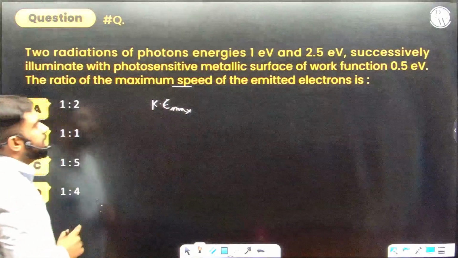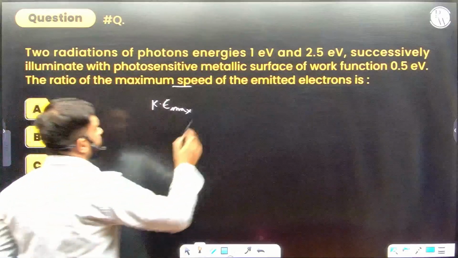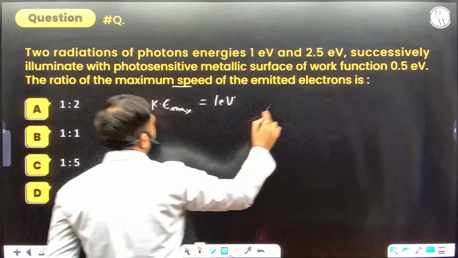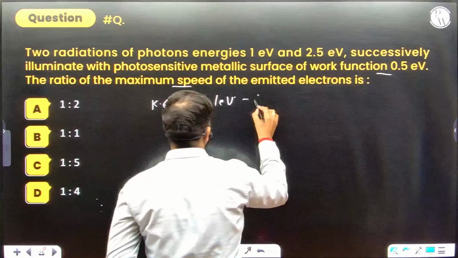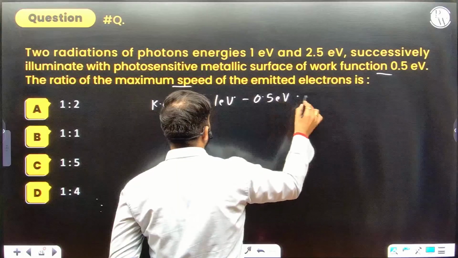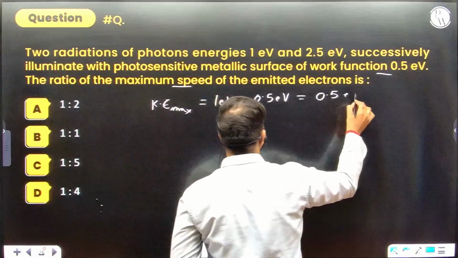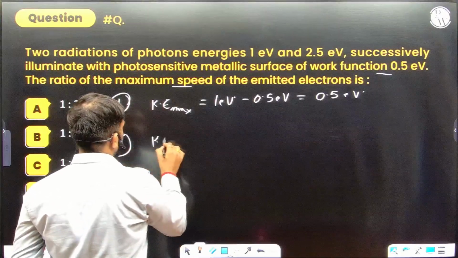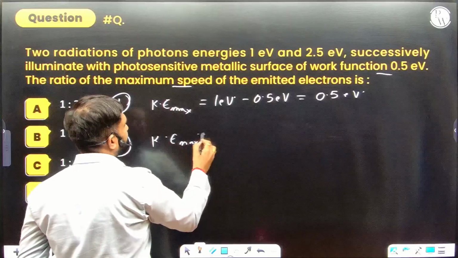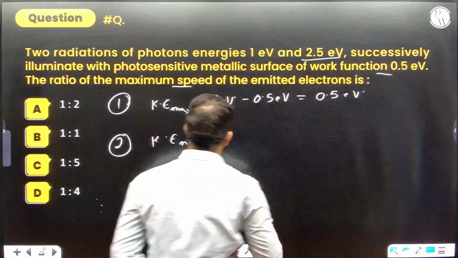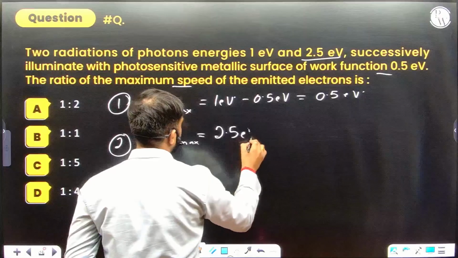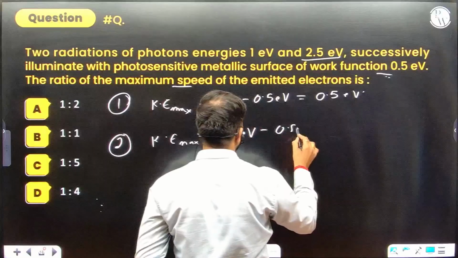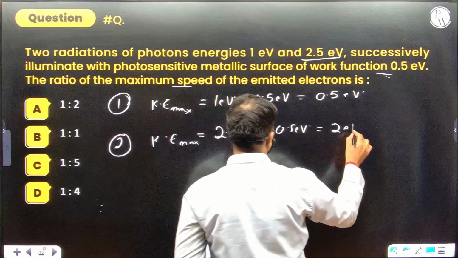The first radiation is 1 electron volt. The same metal is used, so the work function is 0.5. So K max in the first case comes out to be 0.5 eV. In the second scenario, the incoming energy is 2.5 eV, minus the same work function, 0.5. So it becomes 2 eV.